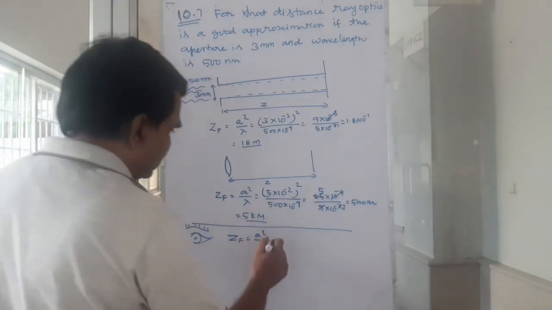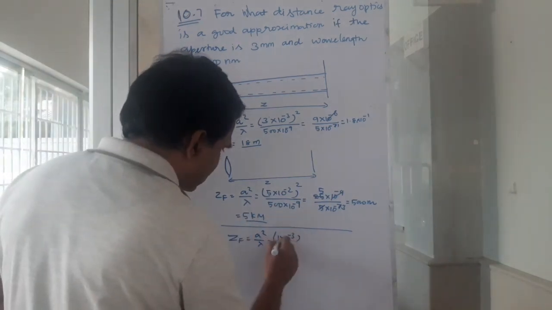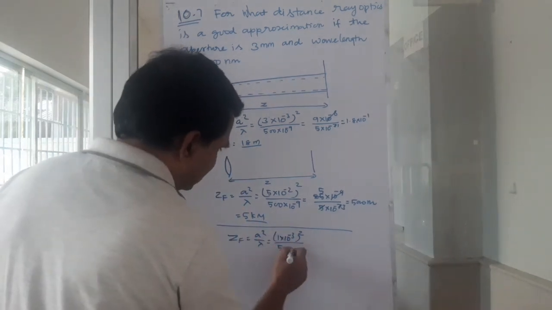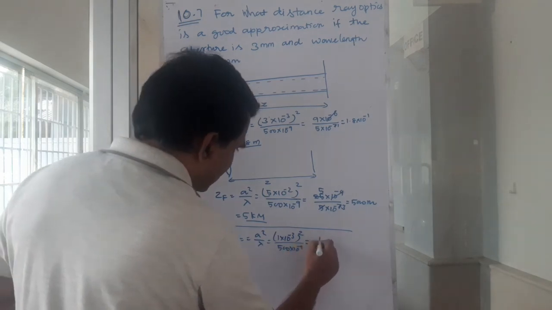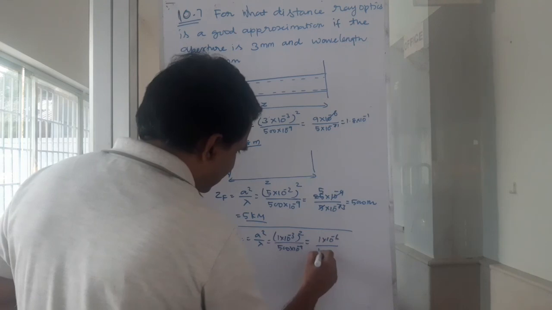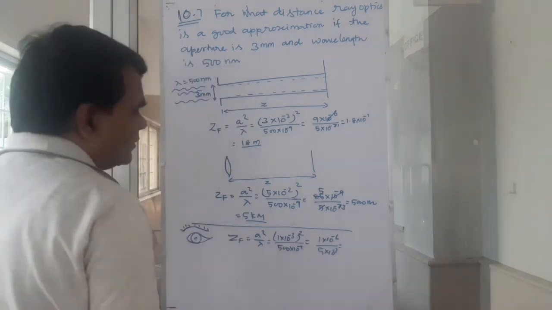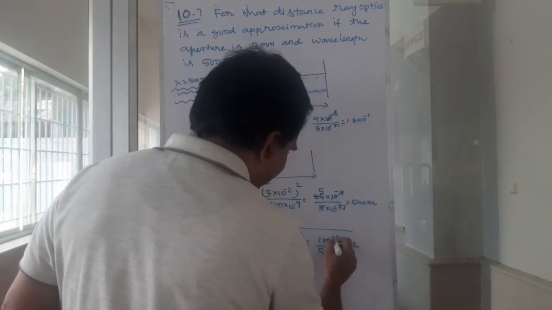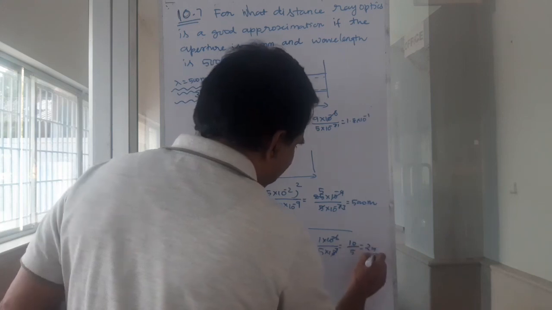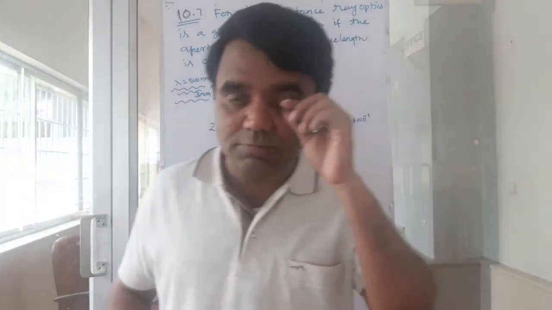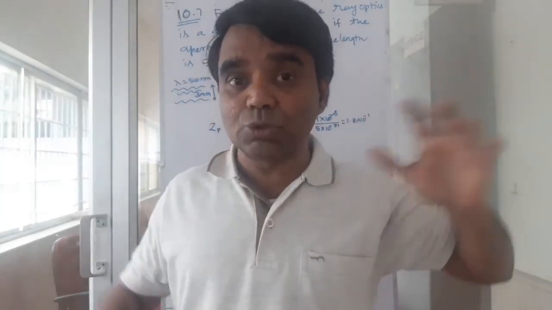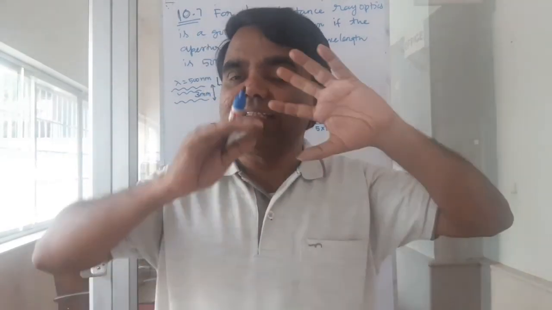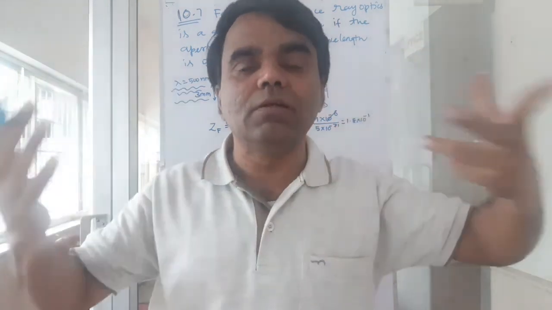So I'm going to get (1 into 10 power minus 3) the whole square, divided by the same 500 or 600, 10 power minus 9. So that will be 1 into 10 power minus 6 divided by 5 into 10 power minus 7. That's going to give me 10 by 5, yeah, 2 meters. So even for my pupil, for 2 meters, 200 centimeters, I can treat light as a ray.